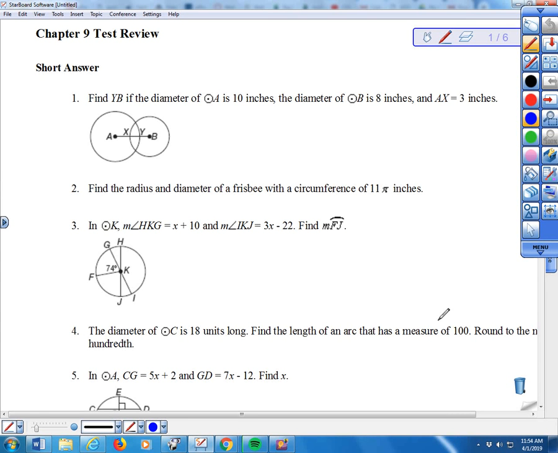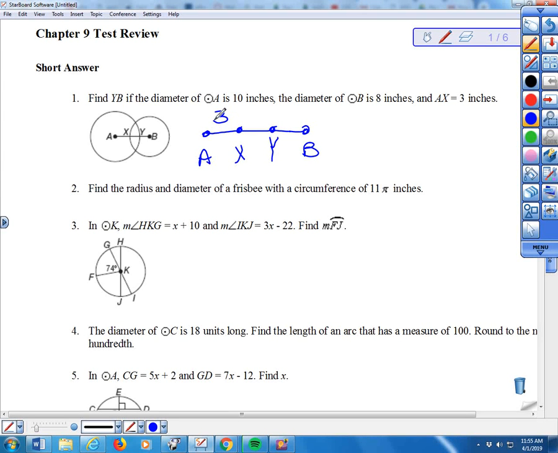Find YB if the diameter of A is 10 inches, the diameter of B is 8 inches, and AX is 3. So I'm just going to draw this. We know AX is 3.